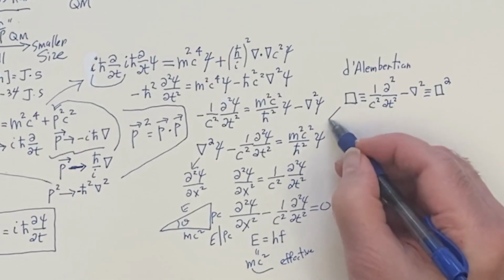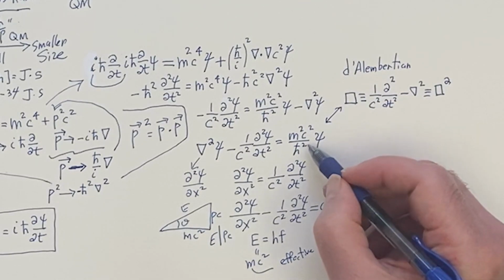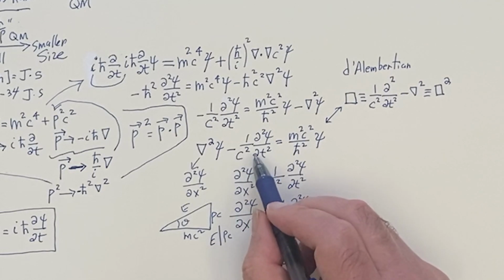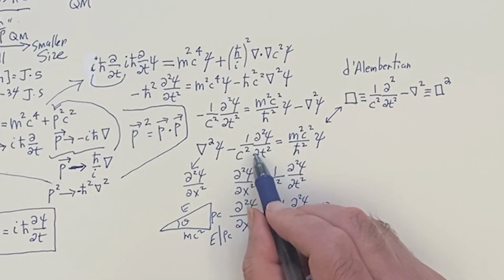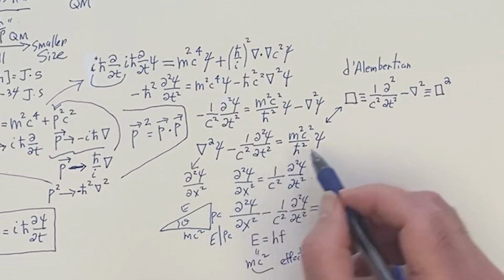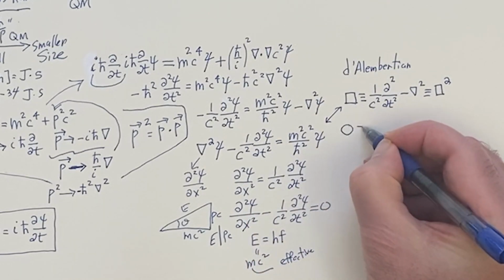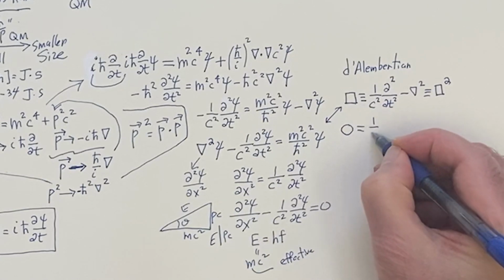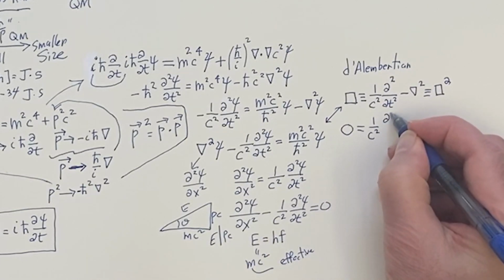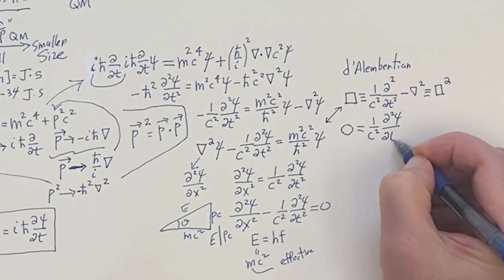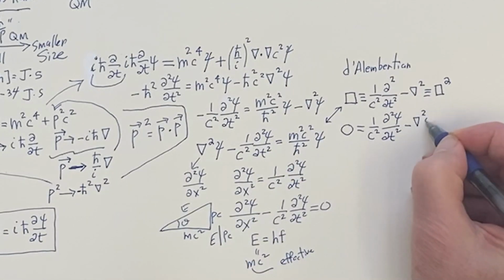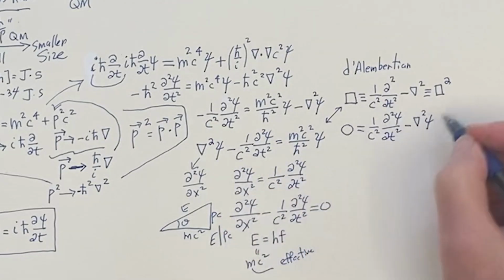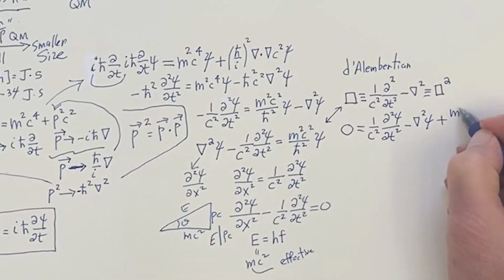So that means if you look at this thing, if you bring these things on the right-hand side, then you would have 0 on the left-hand side. You'd have 1 over c squared, the second derivative with respect to time. Then you would have minus the Laplacian working on this. And then you would have the mass term.